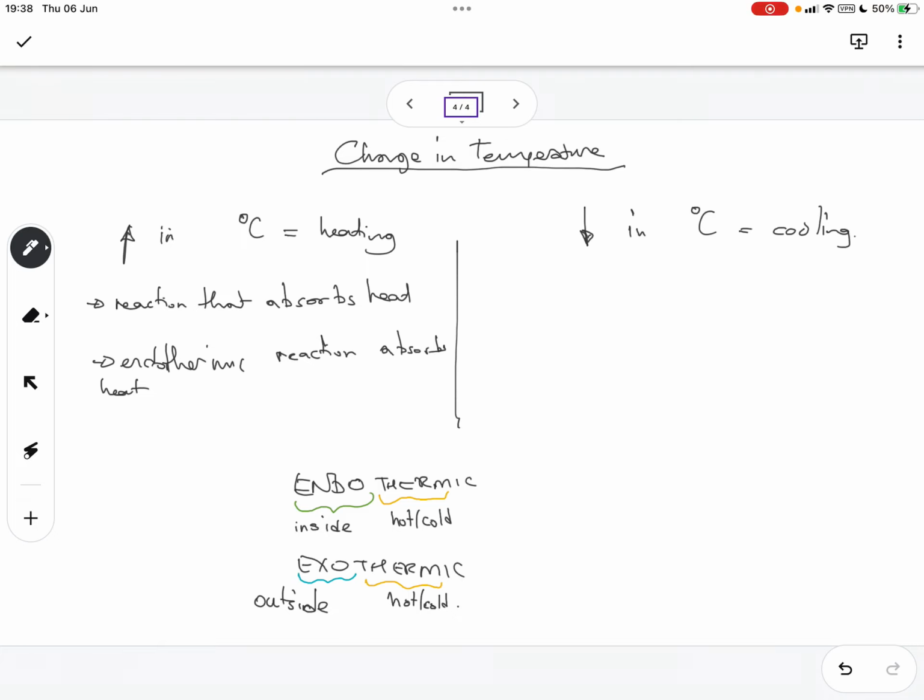And then the IC part just tells us having to do with that. Yes. So exothermic means taking heat outside, and endothermic means taking heat inside.